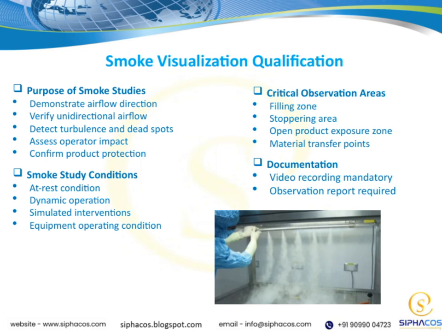The goal: to demonstrate airflow direction, verify that airflow is truly unidirectional, detect any turbulence or dead spots, assess how operators impact the environment, and ultimately confirm product protection. We study these conditions both at rest and during dynamic operation, including simulated interventions and normal equipment function.